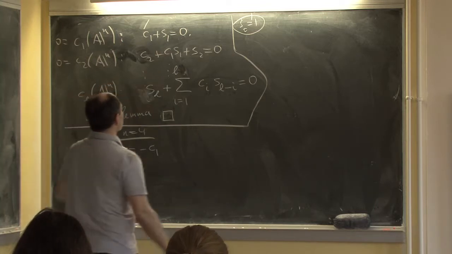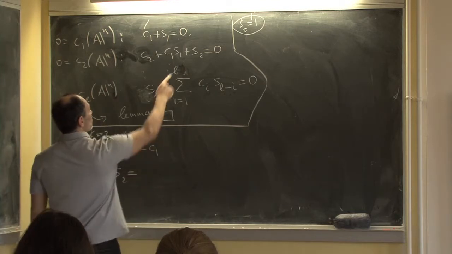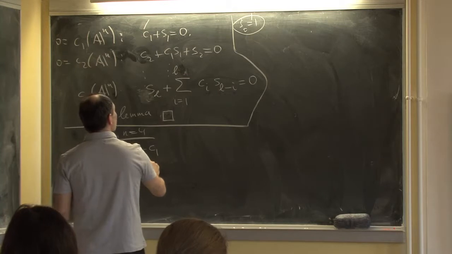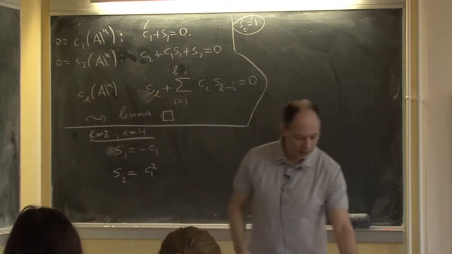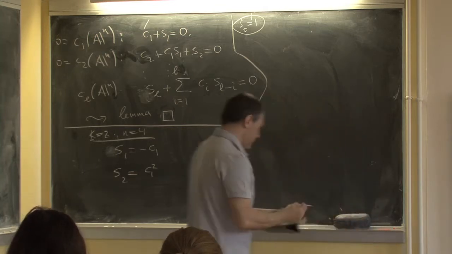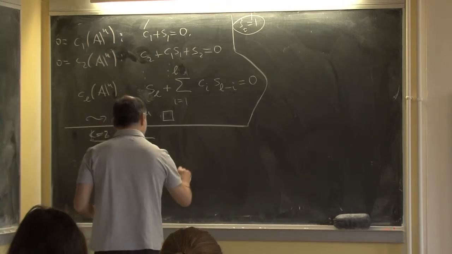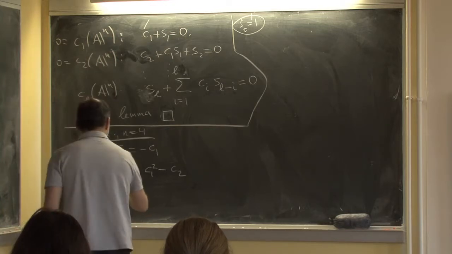The second equation says that S2 is equal to S1 squared minus C2. And I'll peek a little bit, so that I won't make any mistakes.